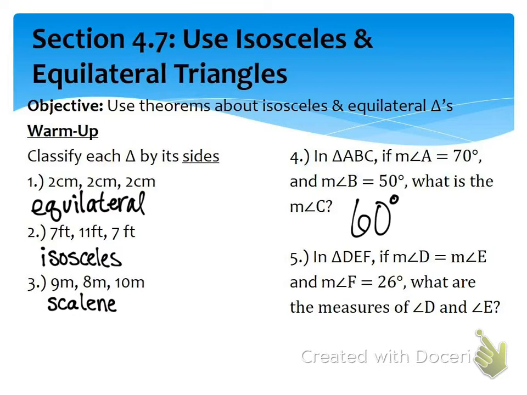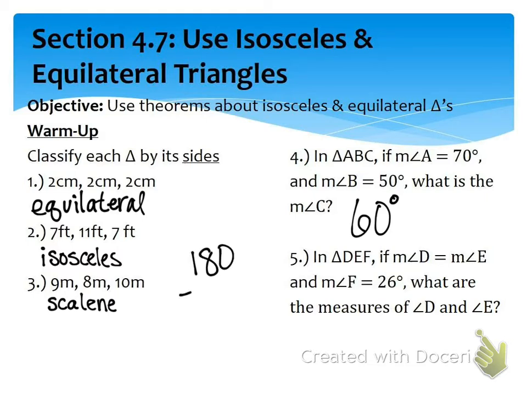In triangle DEF, the measure of angle D is equal to the measure of angle E. The measure of angle F is 26 degrees. What are the measures of angles D and E? 77. How do we come up with that? I subtract the 26 from 180 and divide by 2.